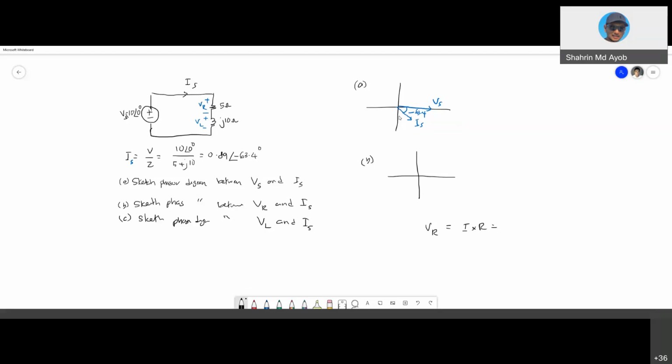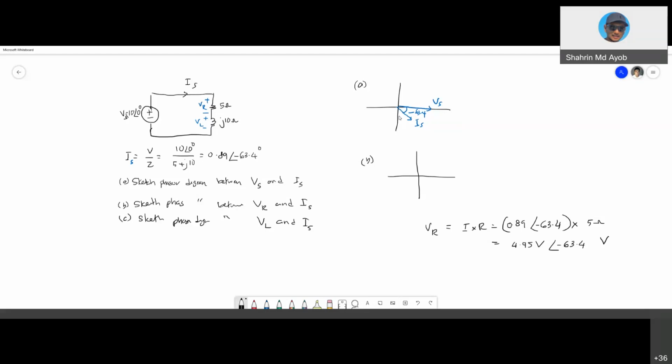Your current is 0.89 with an angle of negative 63.4 degrees, multiplied with the resistor value, which is 5 ohm. So you should get VR as 0.89 multiplied with 5, so 4.45 volt with an angle of negative 63.4 degrees.